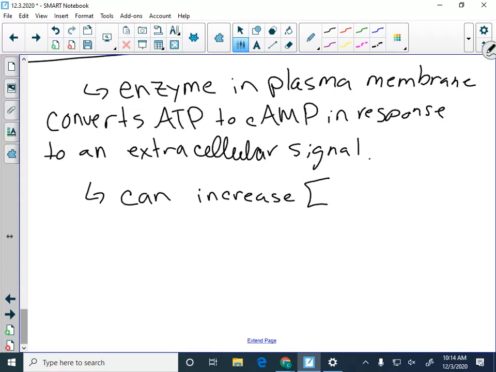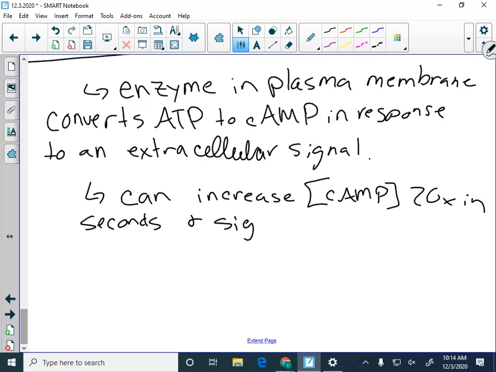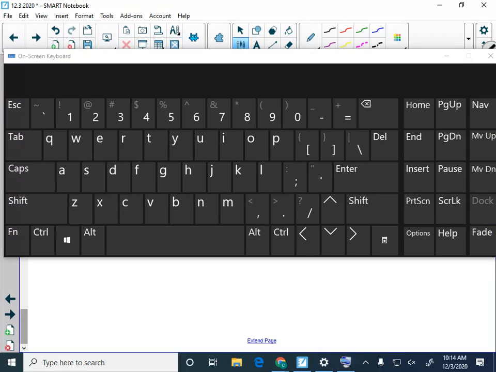I'm going to use concentration brackets. And that will broadcast the signal through the cytoplasm.